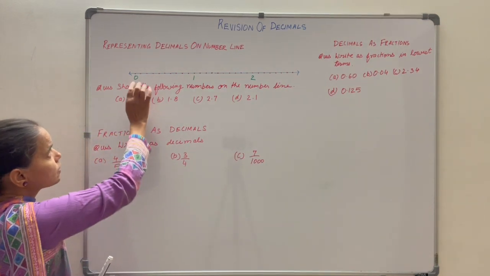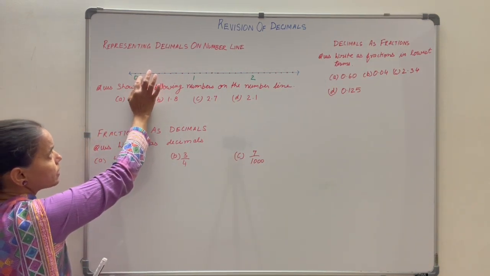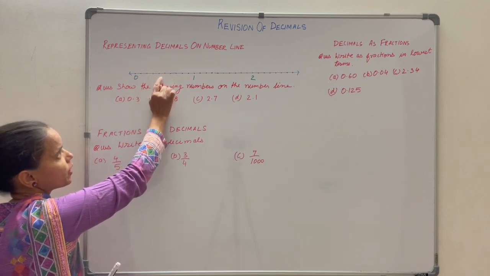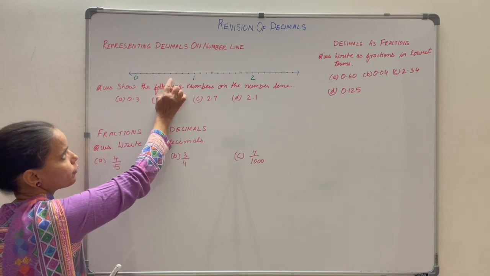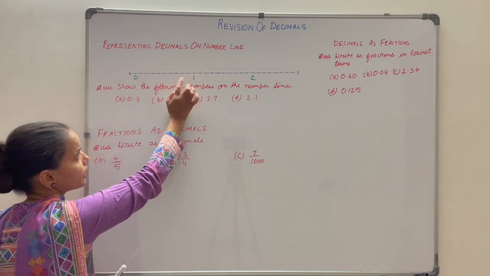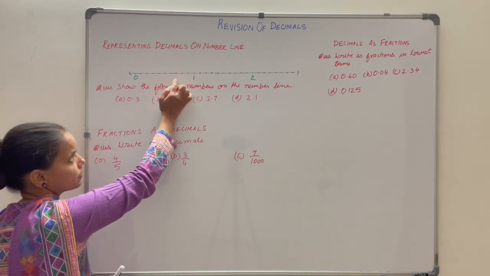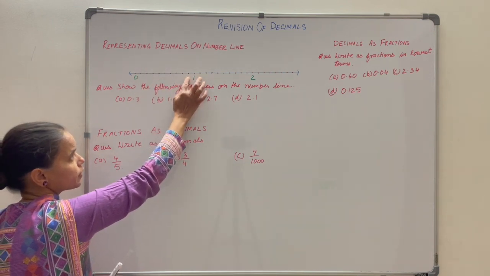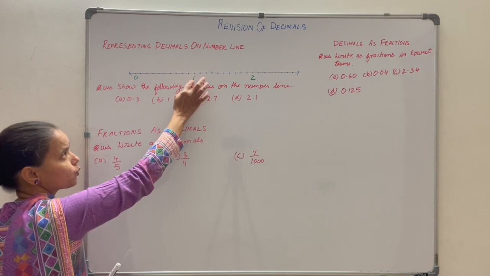So this first point is for 0.1, then 0.2, 0.3, 0.4, 0.5, and it goes till 0.9. We are adding 0.1 as we move from left to right. 0.9, if you add 0.1, you get 1.